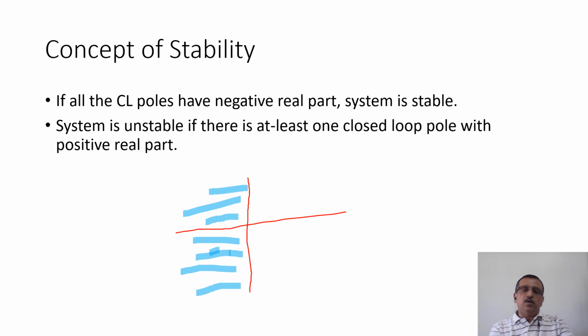So if the poles are on the left half, if the poles have negative real part, or if poles are on the left half of the S-plane, we say the system is stable.